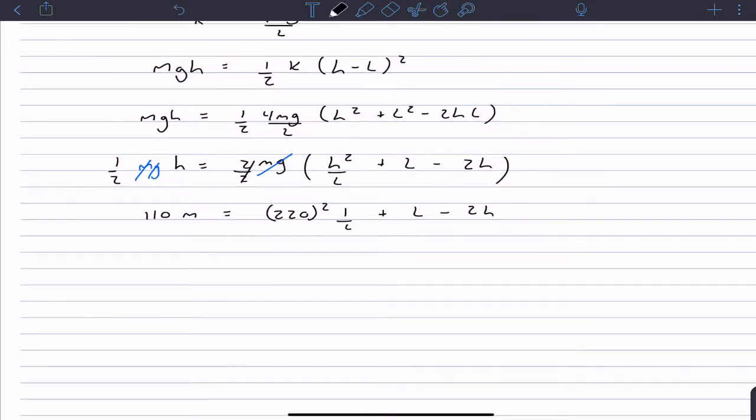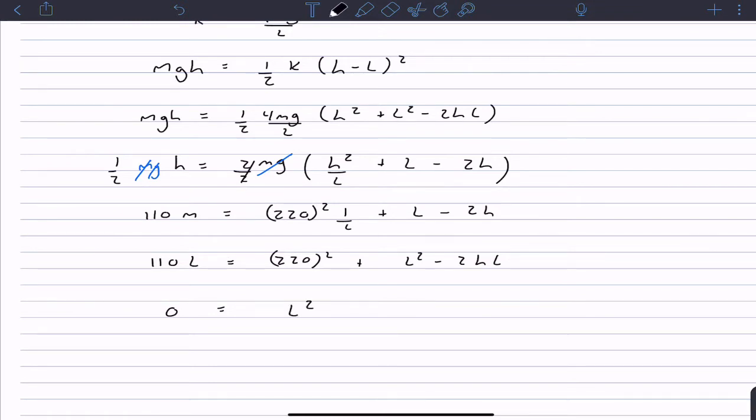Or an easier way to do this would actually be to say, 110 times L is equal to 220 squared plus L squared minus 2hL, right? Let me take this to 0.